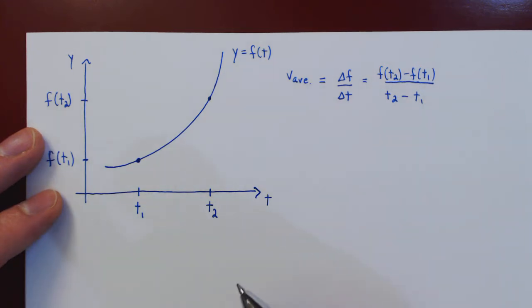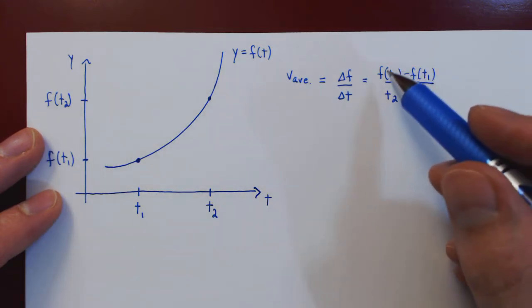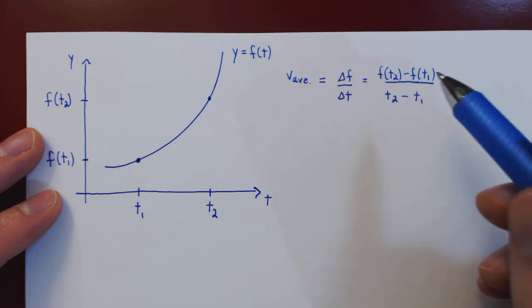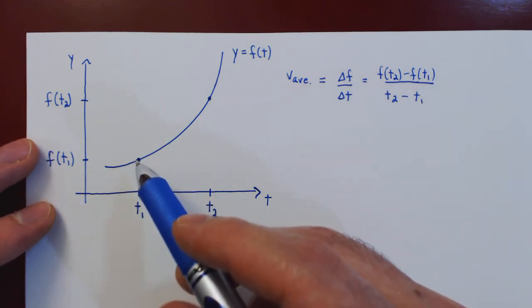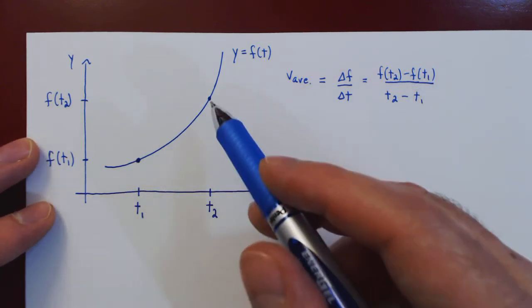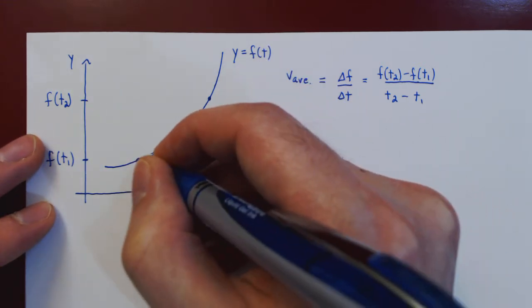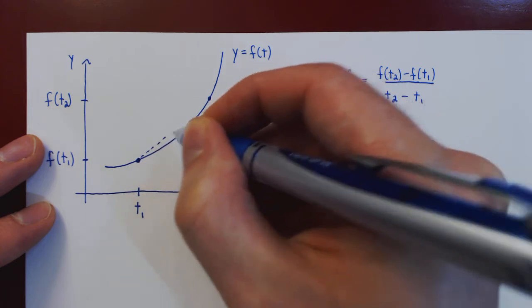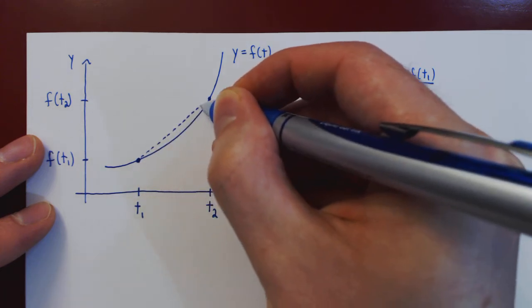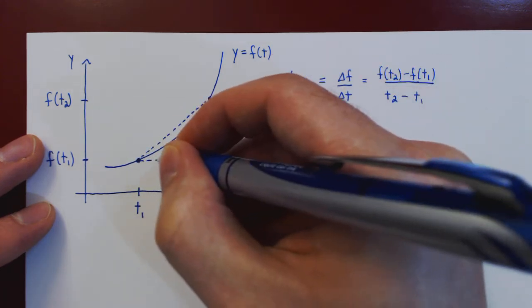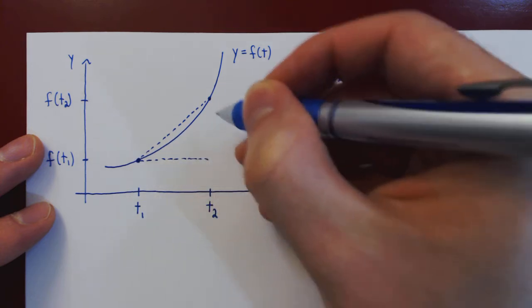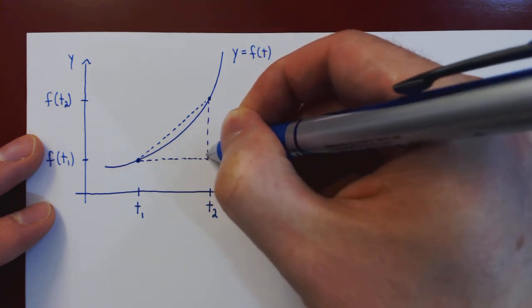I want to make one last remark, is how can we look at this in a more geometric way? Well, we have these 2 points on the position function as a function of time, so we can connect them with a straight line and form the corresponding right triangle.